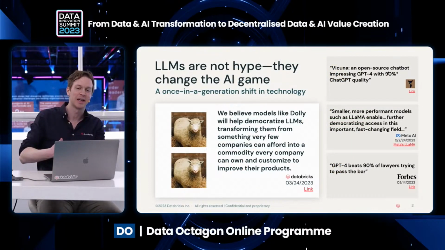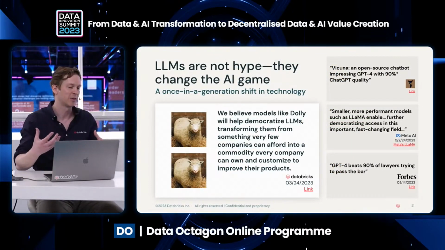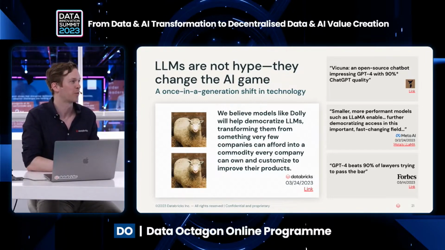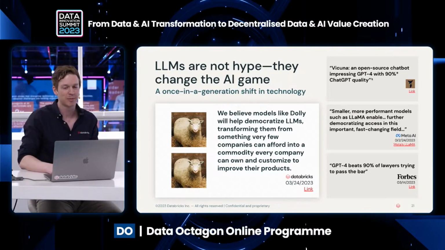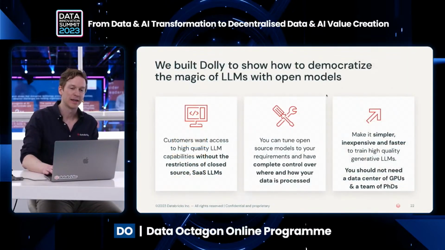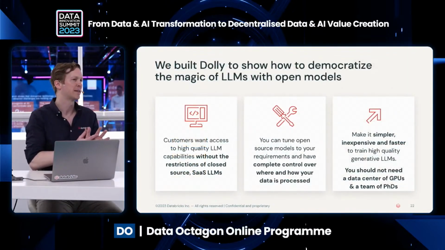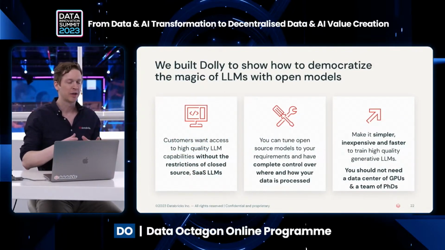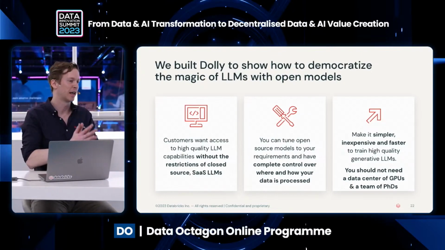we think large language models are not just hype. They're really going to change a lot going forward in how AI works. We released our version, but there are other open source ones available, and we really think this is a way forward. We built Dolly not only as a product to use as is, but mainly to show that you don't need a proprietary model.